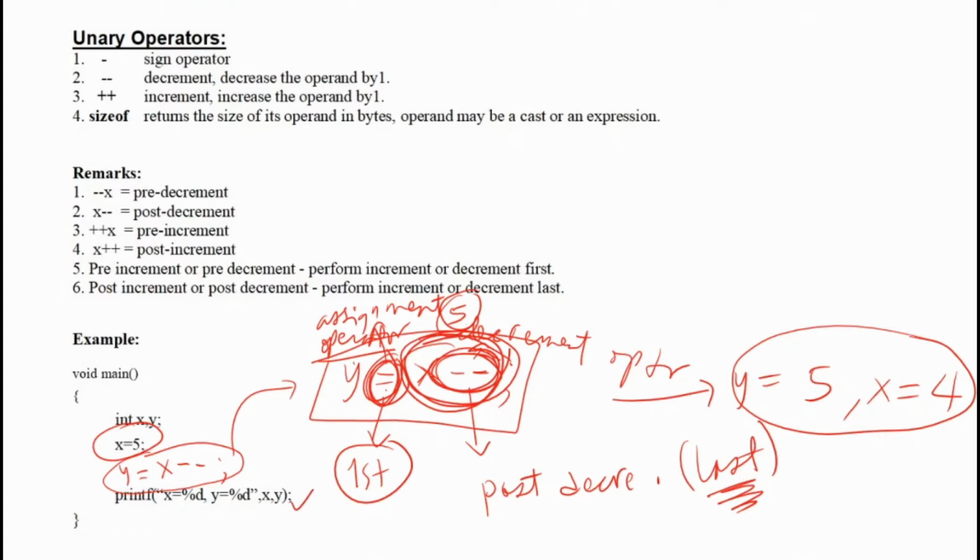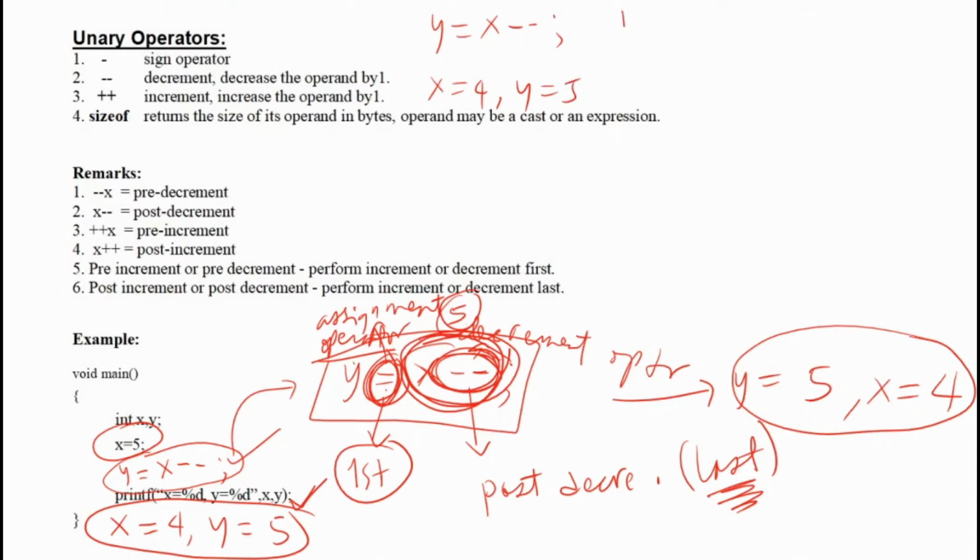And the output here, after we execute the next line, the printf, would say x is equal to 4, comma, y equals 5. That's the output for this statement. So if the statement is y gets x minus minus, or x post-decrement, the output would be x is 4 and y is 5.